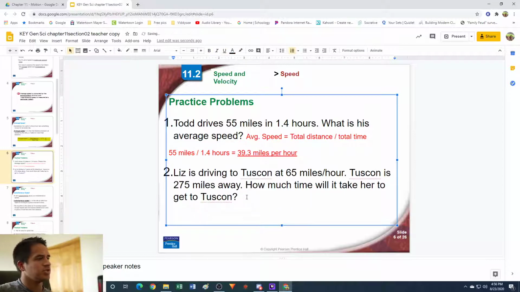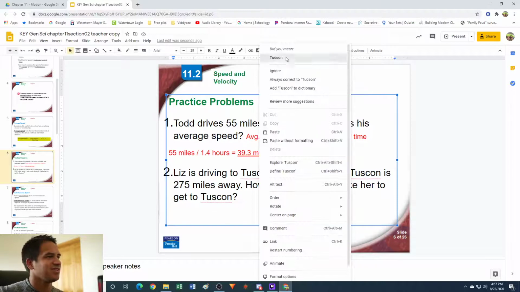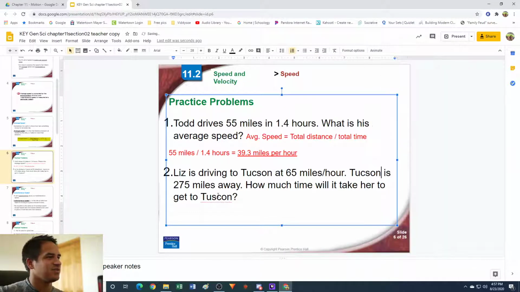Okay, number 2, Liz is driving to Tucson. She's driving to Tucson at 65 miles an hour, and it is 275 miles away. How much time will it take her to get to Tucson? So we're just going to plug in the numbers that we have into our speed equation.